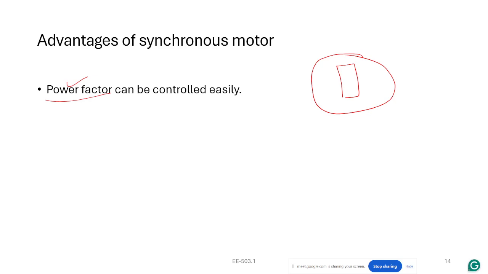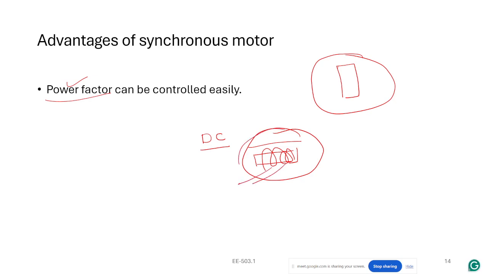Let me consider the DC motor, as you know. The DC motor has a rotor and a stator. The rotor is given the DC supply, and the stator is also given supply. Whatever supply we give, it goes to the stator and rotor, but that will be a single supply only.